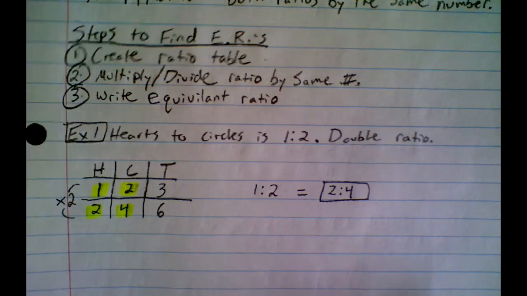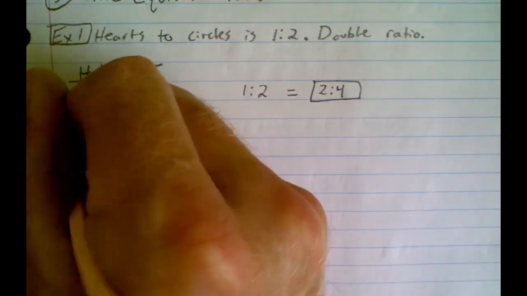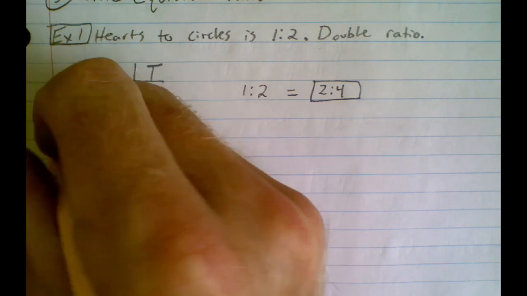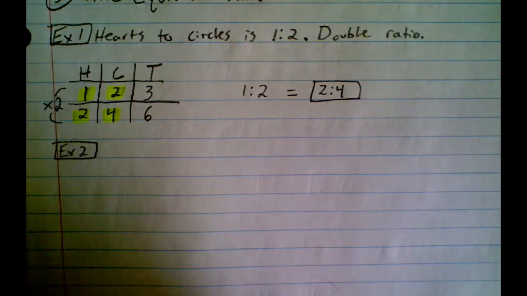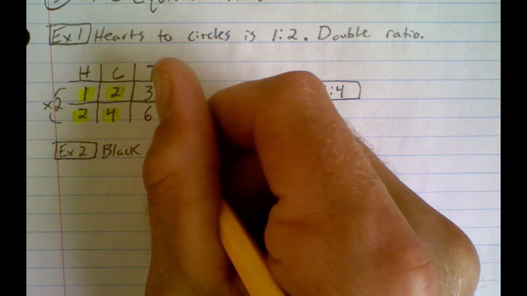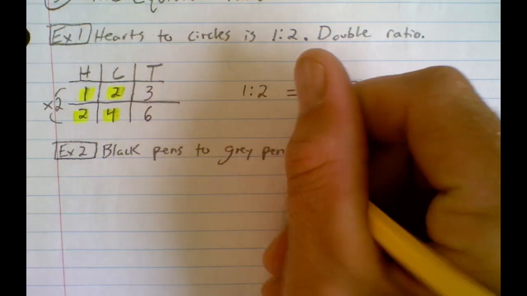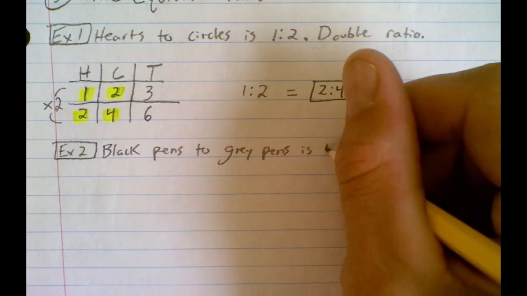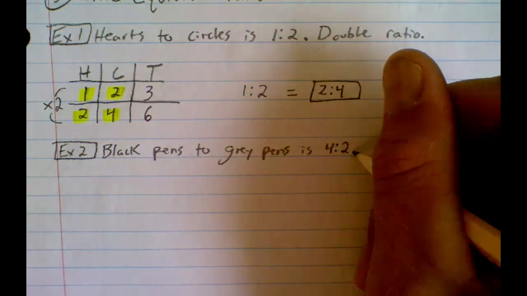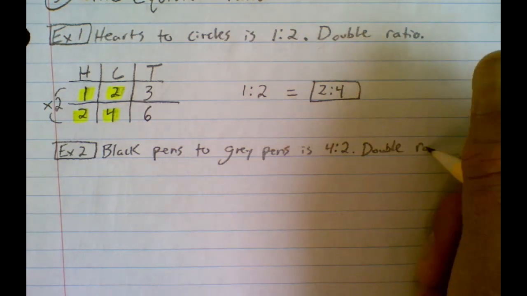So let's try another one. Go ahead and write example 2, EX2. Write black pens to gray pens is 4 to 2, and it's asking us to double ratio.